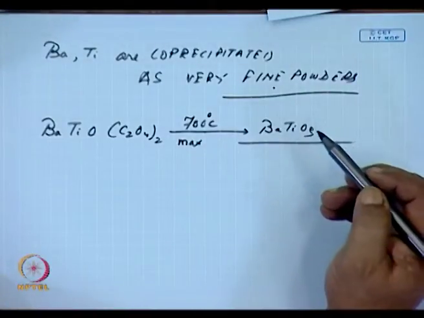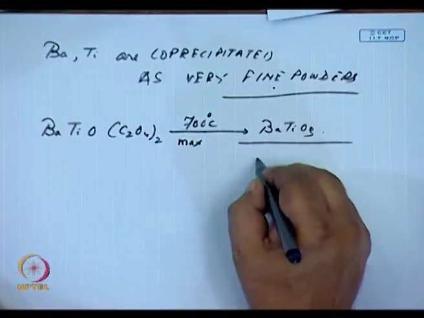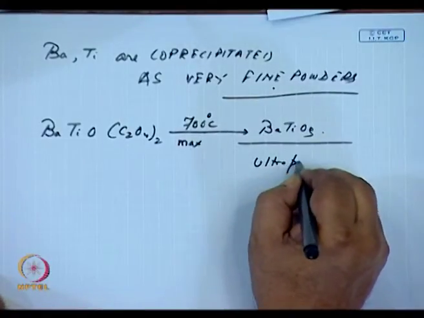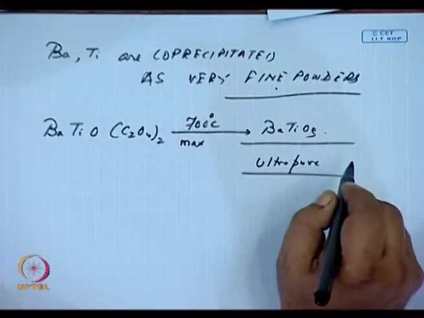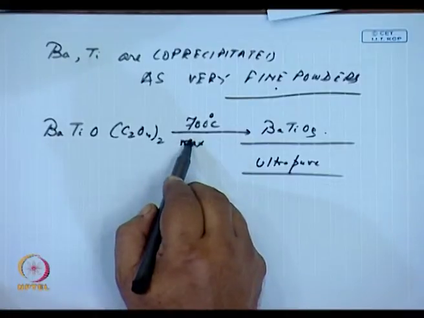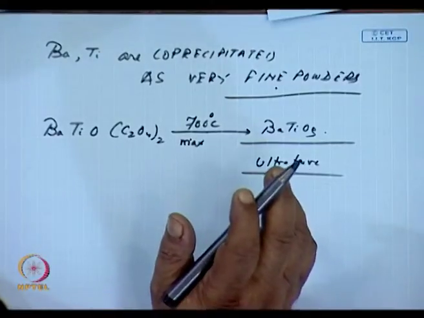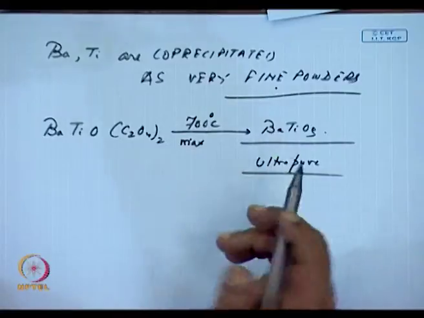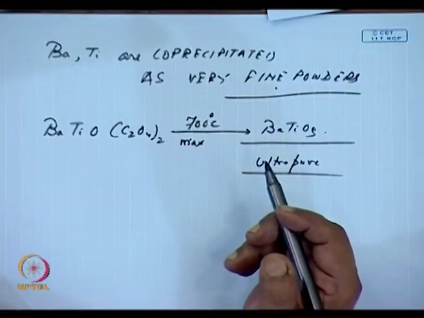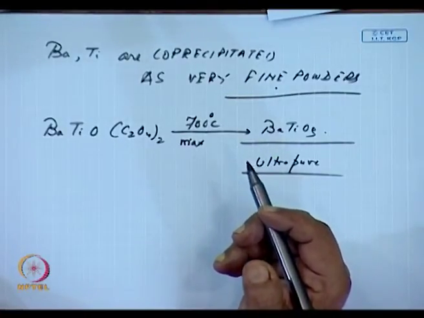The purity of the 6N, that is 99.99%, is maintained, and we get ultra pure barium titanate powder at much lower temperatures. Much lower temperatures means grains are still fine, they are ultra fine, and this has got its obvious advantages in subsequent processing and fabrication.